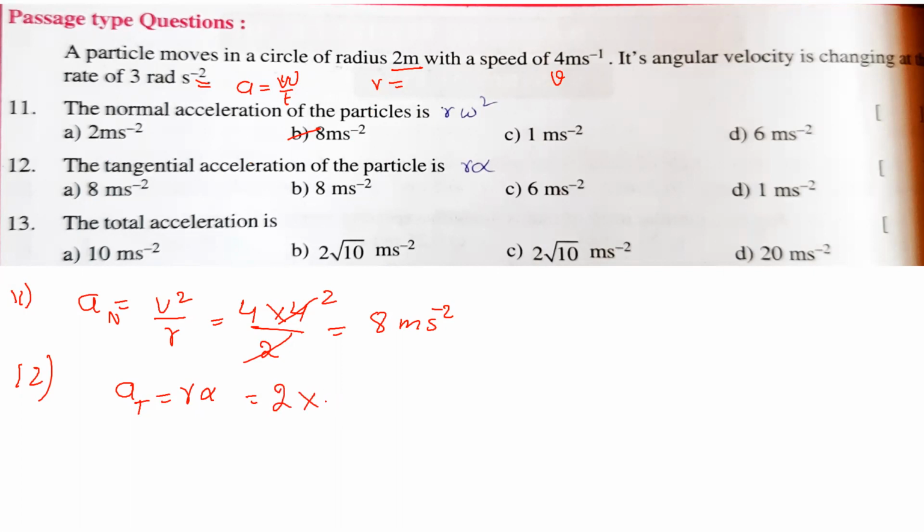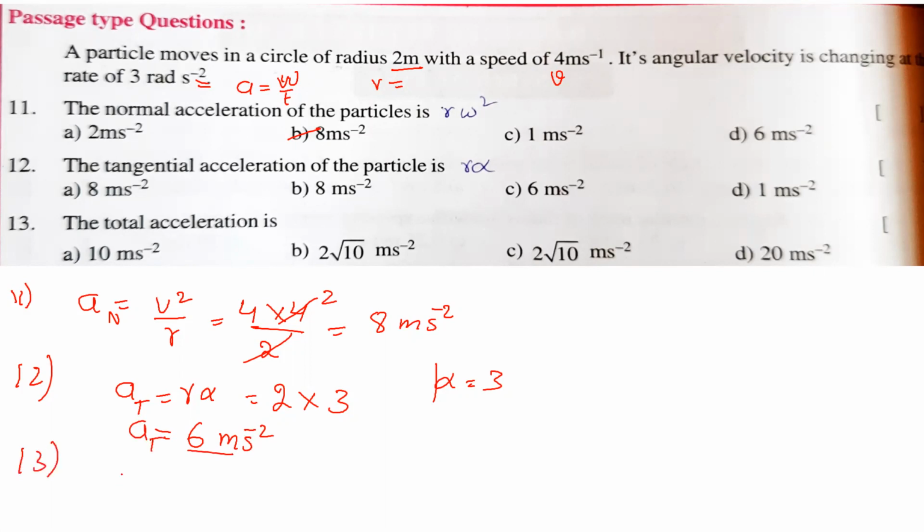Here the given angular acceleration alpha is 3, so multiply this and you'll get the tangential acceleration. 3 twos are 6, so this is your answer, 6 meter per second square. So this is the tangential acceleration.